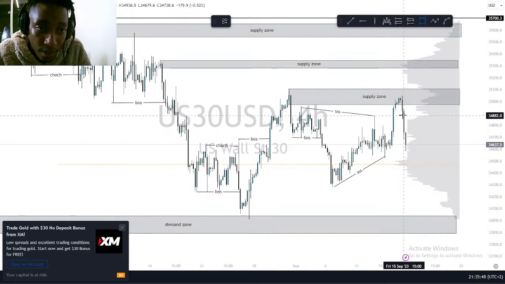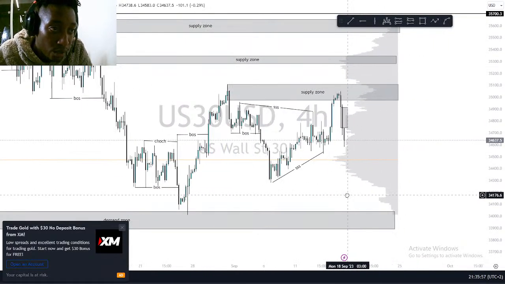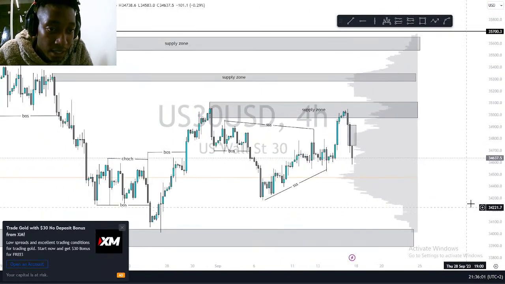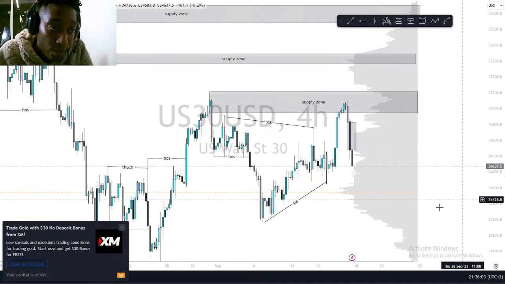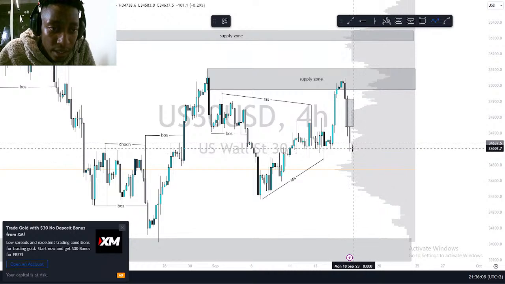But we are also witnessing a fair value gap here. Meaning at some point we don't have to just start selling the market exactly when it opens. The market has to first retest and fill up this fair value gap here.